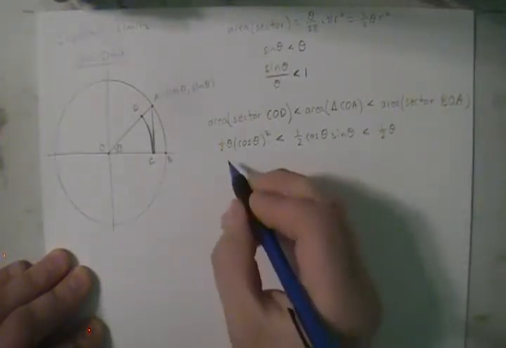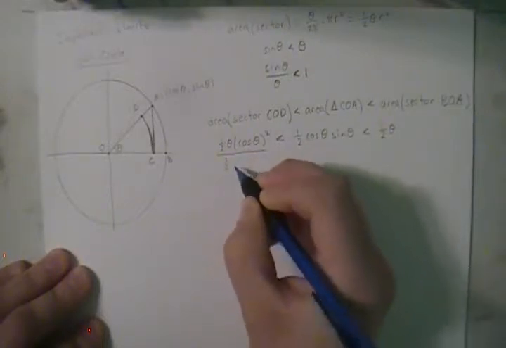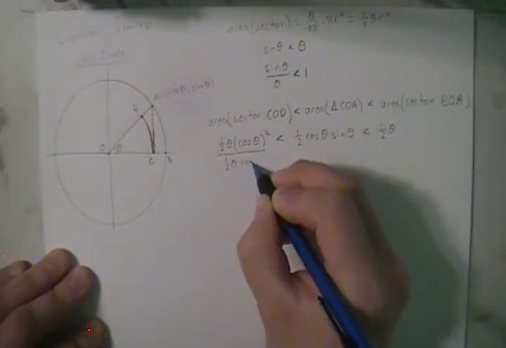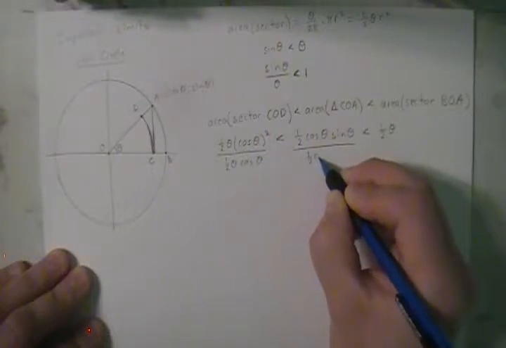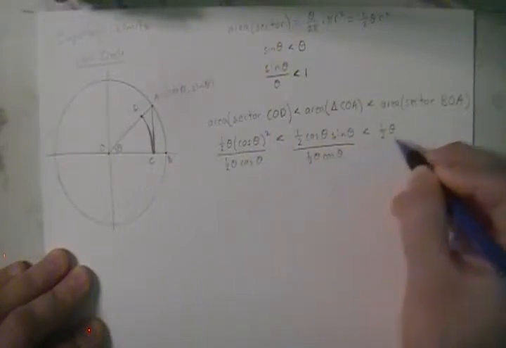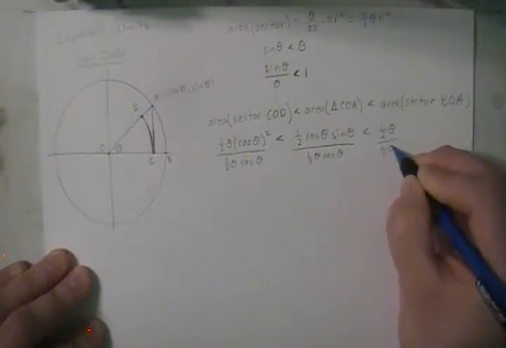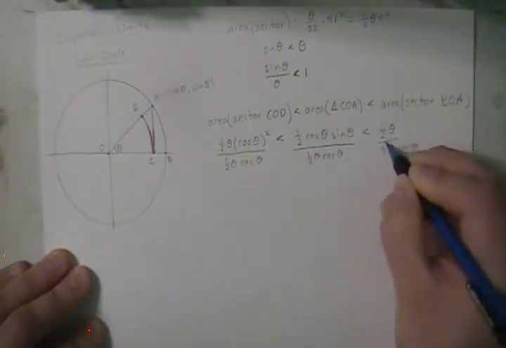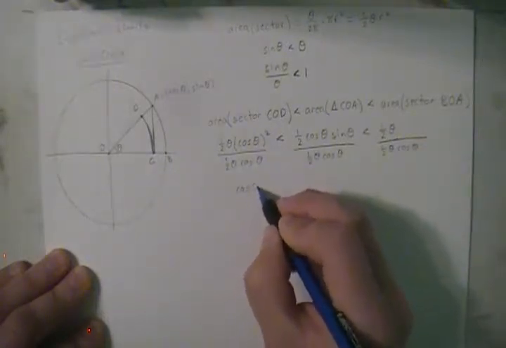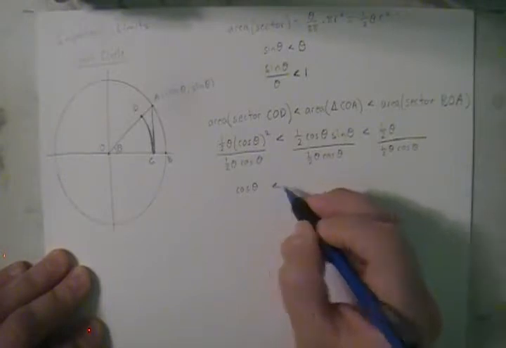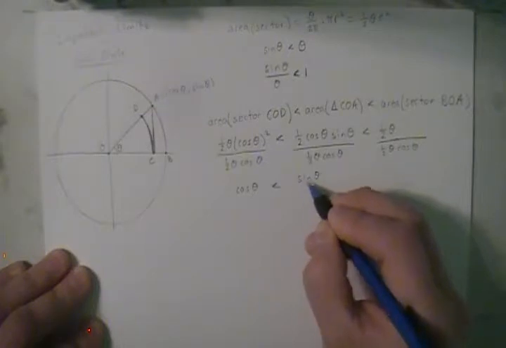All right, let's see if I can simplify this. I can divide out 1/2 theta cosine theta from each of these. So here I'm left with cosine theta is less than, so 1/2 and cosine theta divide out, so here I have sine theta divided by theta.